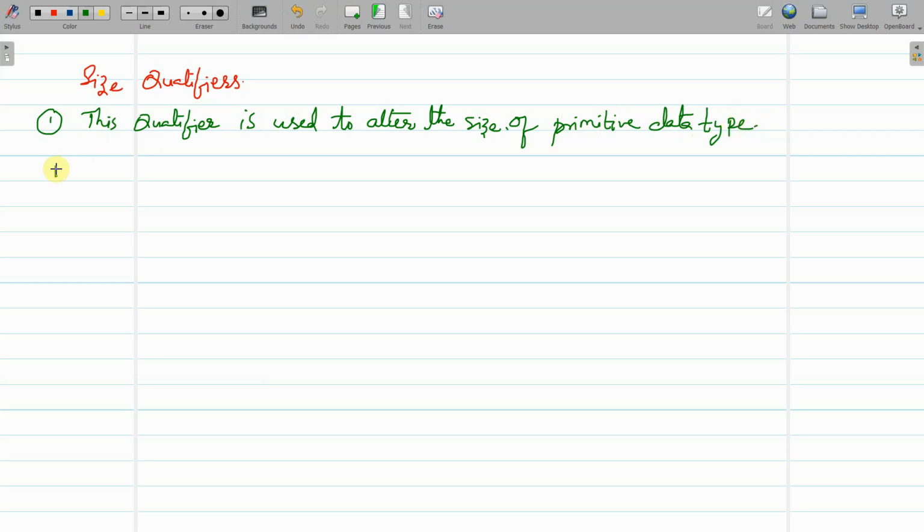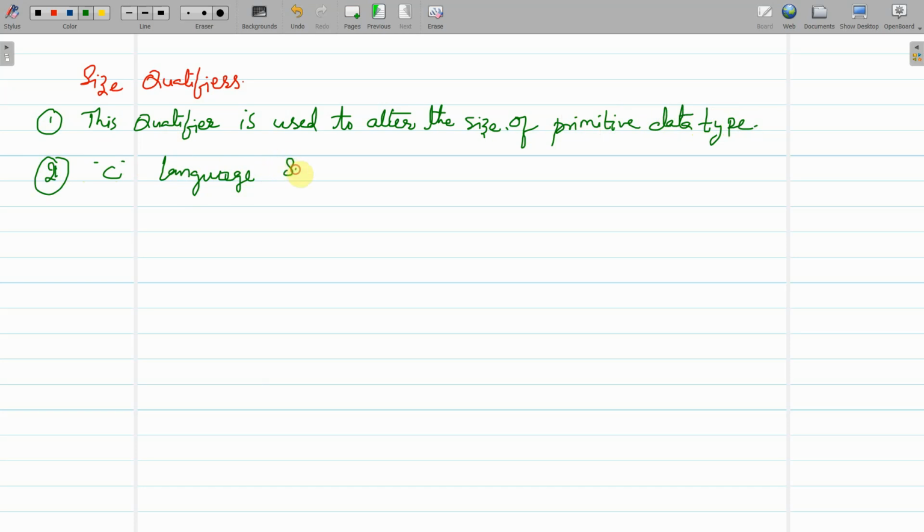Now we'll be talking about the second one, C language. The second point in size qualifiers is C language. We are talking about C language, so we'll be talking about the size qualifiers in C language.